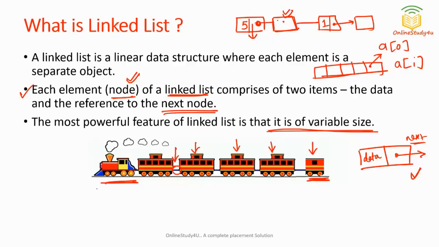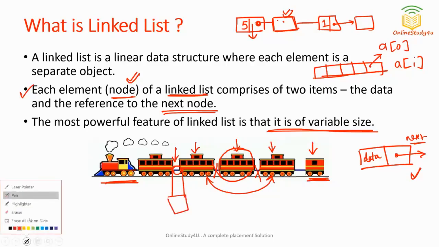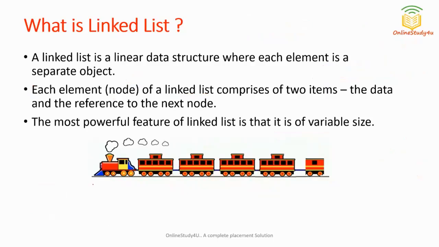And all compartments are independent. Suppose you remove this compartment from here, detaching it, and connect this compartment to that compartment. Still this train will work perfectly. So every compartment is individual. If you want to add one compartment here, you add one coupler here and include one compartment in between. So we can add and remove from the middle also.